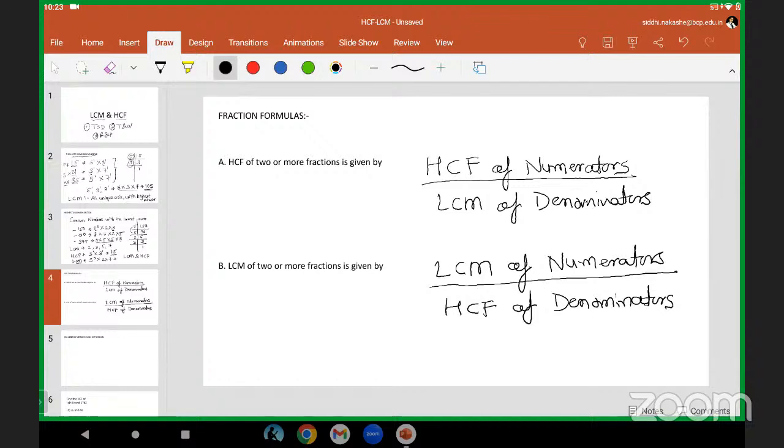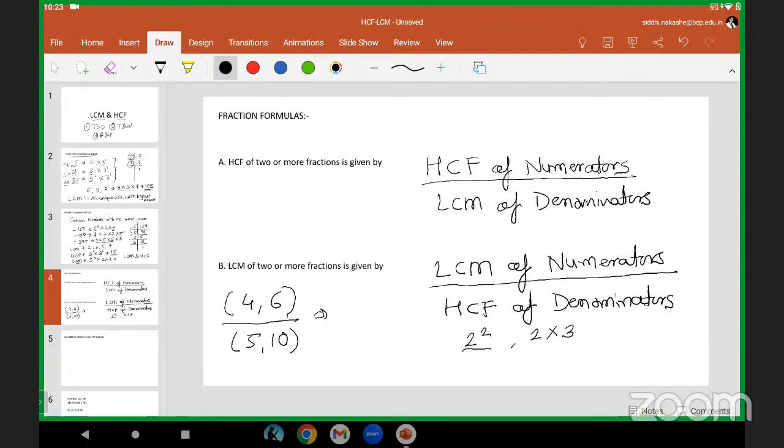So let's try to understand one example. Suppose 4 upon 5 and 6 upon 10 are two numbers. Now for LCM of two or more fractions, we'll carry out the LCM of 4 and 6, and HCF of 5 and 10. So again, we'll talk about 4 and 6. 4 is nothing but 2 raised to 2, and 6 is nothing but 2 into 3.